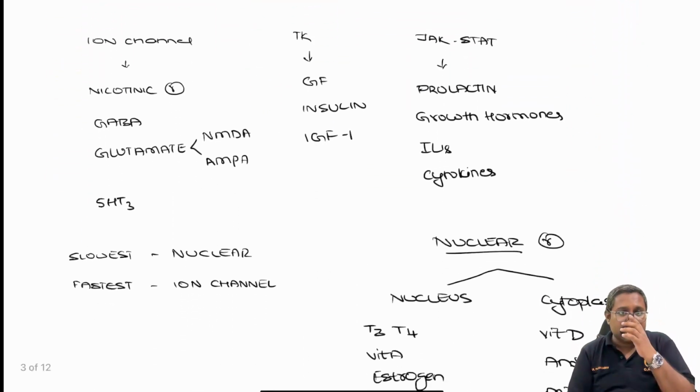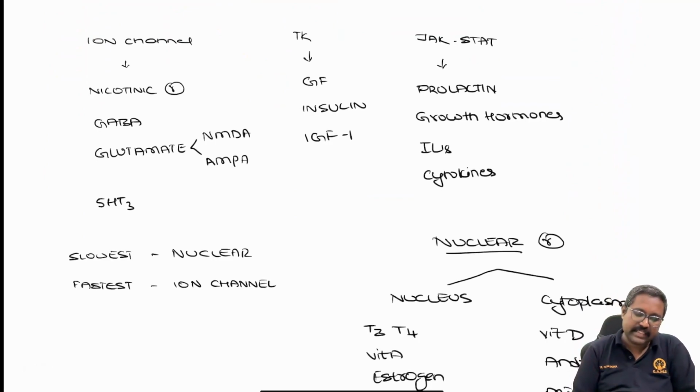Next, coming to some ion channels. There are many receptors, most of which have G protein coupled receptor activity. Apart from that, which are the receptors that act in the form of ion channels?